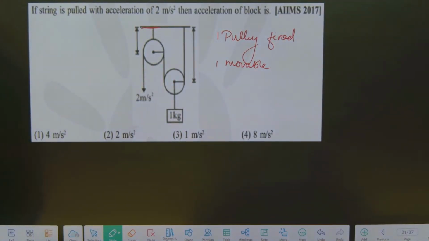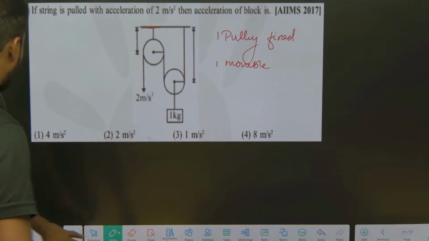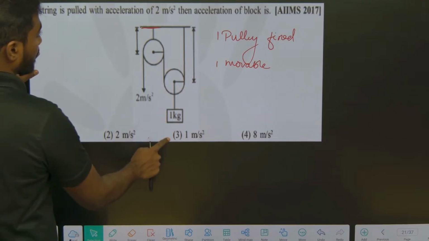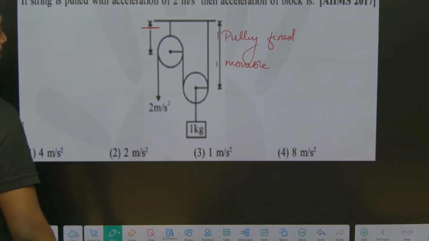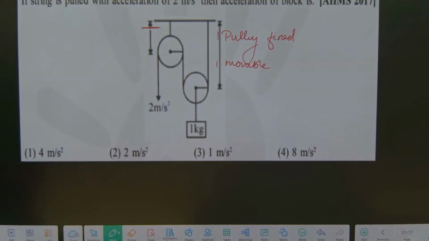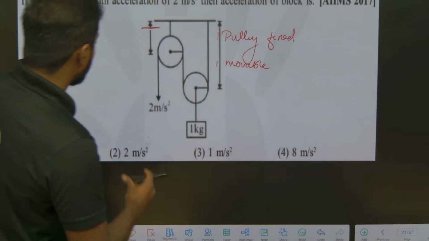Question is not seen properly. Wait a minute. Now it's visible. Okay, fine. Right. So think.